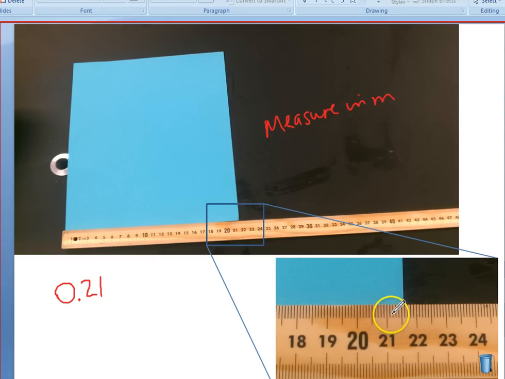Count the little millimeter markings. 1, 2, 3, 4, 5. Not quite to 6. So I'm going to say 0.2159 meters. Of course, you could also measure it in centimeters if that's what you were asked for. And it would be 21.59 centimeters.